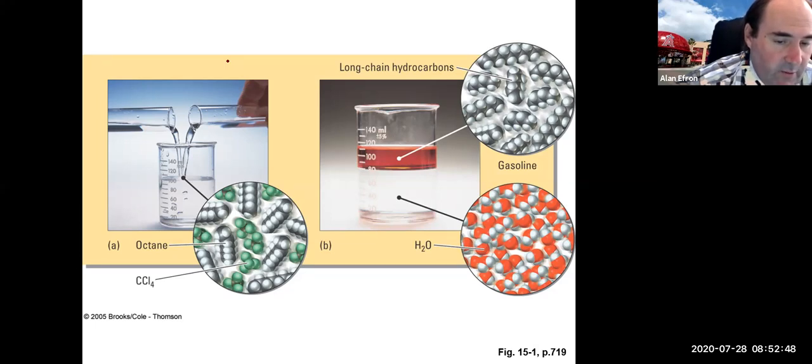They all look like one over here on the left. That's because octane is nothing but carbons and hydrogens, so it's nonpolar and uses dispersion forces. Carbon tetrachloride is also using dispersion forces. So again, like dissolves like: nonpolar and nonpolar will mix. On the right-hand side, nonpolar and polar does not mix.